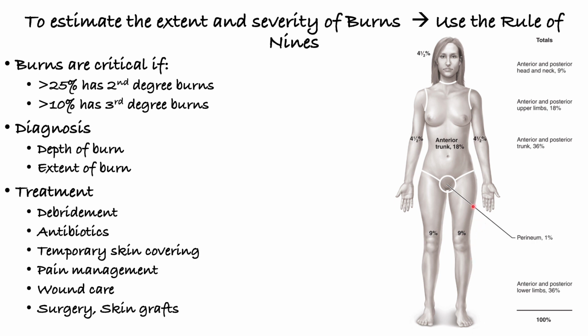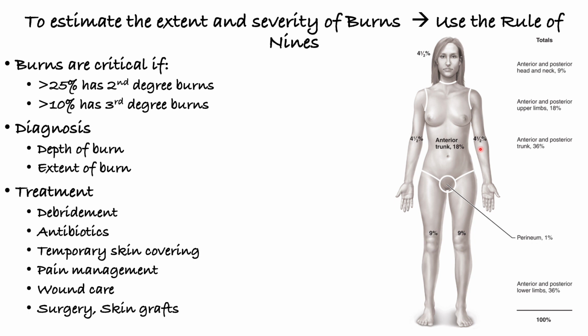So let's say, for example, someone had just their anterior trunk, 18%, and their anterior left arm. That alone will give you about 25%. That would give you a 25% burn. So this allows us to estimate the fluid loss as well.